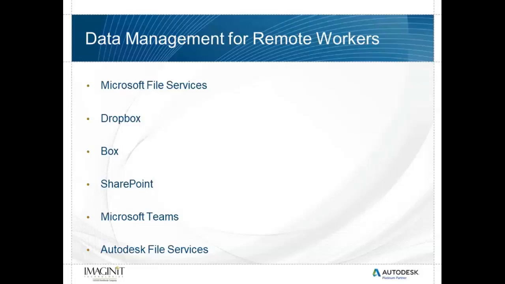There are synchronization services that people can try, things like Dropbox, Box, and SharePoint, where perhaps the server synchronizes with a local connection in their area, so all the files appear to be local.